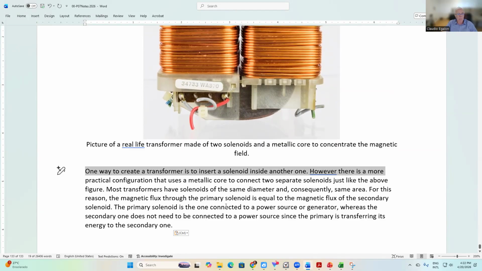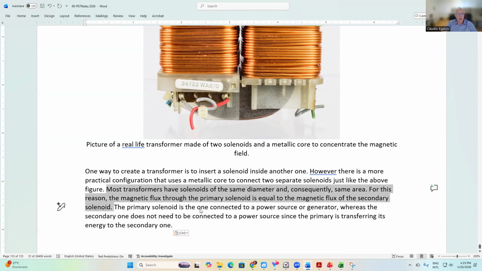However, there is a much more practical configuration that uses a metallic core to connect two separate solenoids, just like the above figure. Most transformers have solenoids of the same diameter and consequently the same area. For this reason, the magnetic flux through the primary solenoid is equal to the magnetic flux of the secondary solenoid.